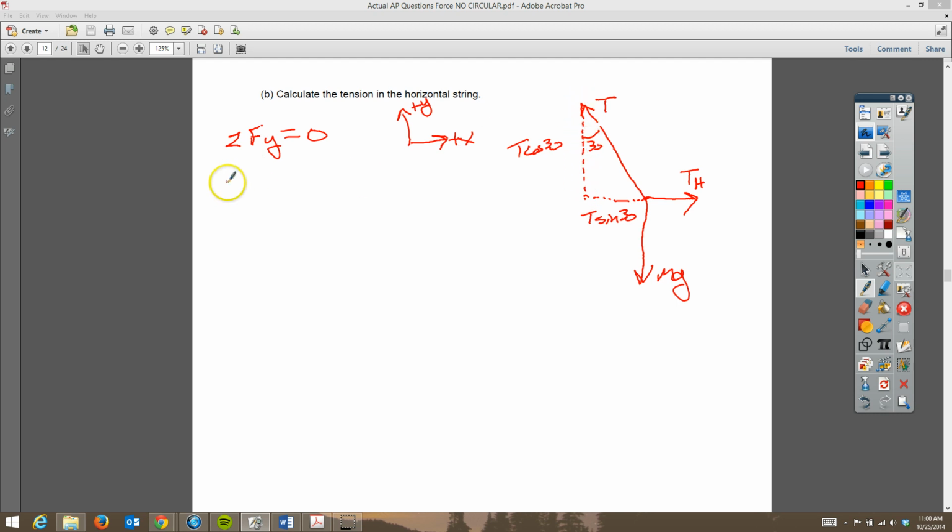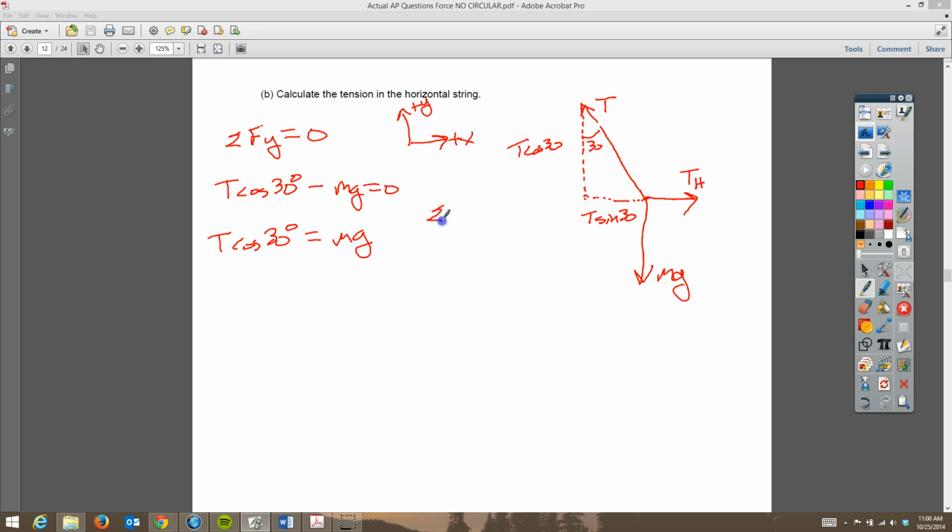We have T cosine of 30 going up, so we're going to say T cosine of 30 degrees, minus mg is equal to 0. So T cosine of 30 degrees is equal to really just the weight of that mass.